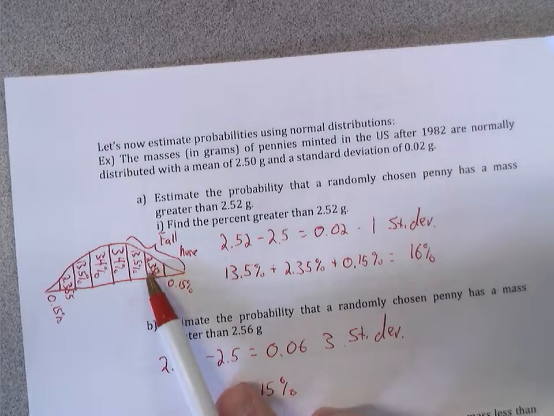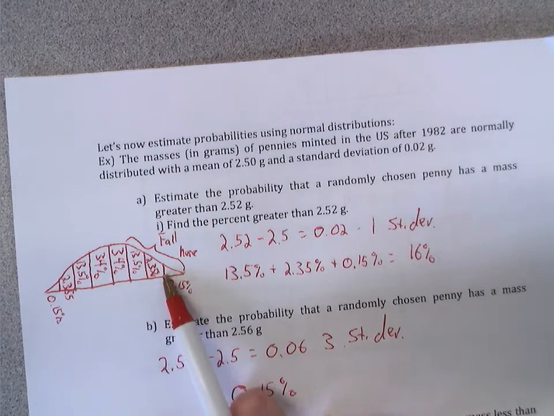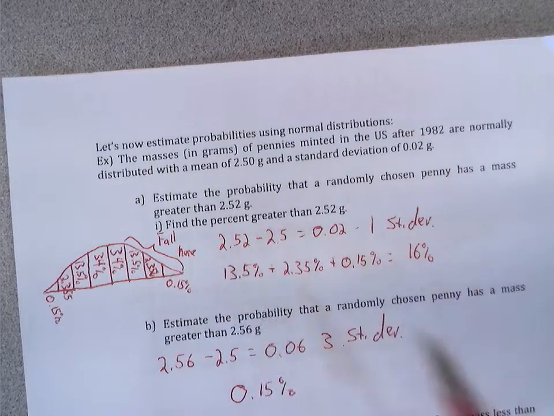So that means we're looking at all of these areas that are below. The only thing that doesn't count are things that are 3 or more standard deviations above.